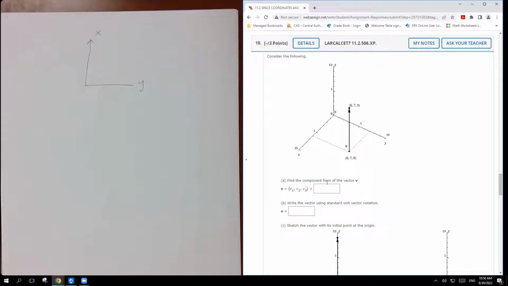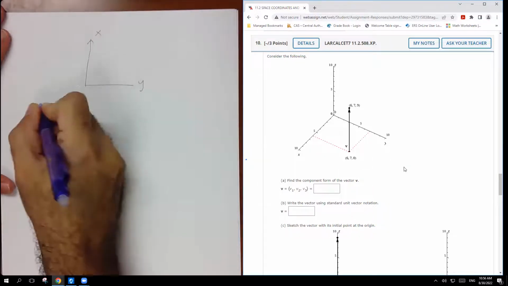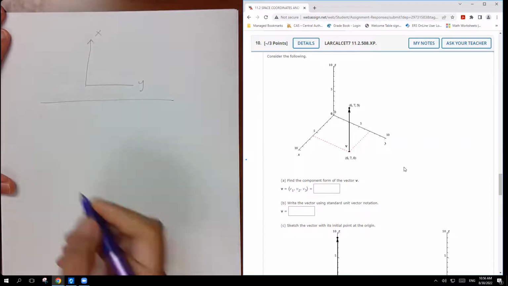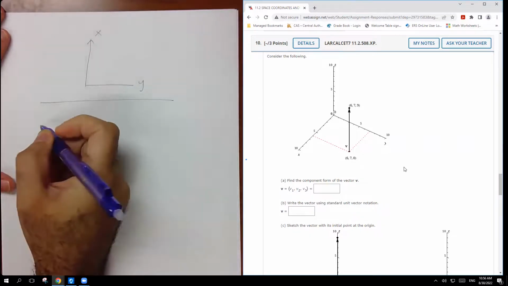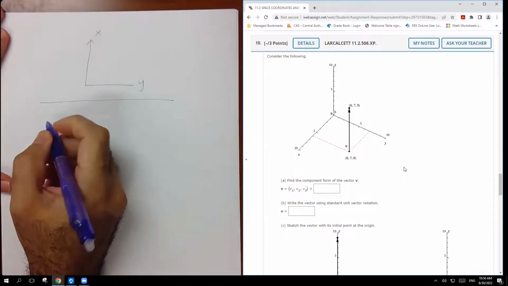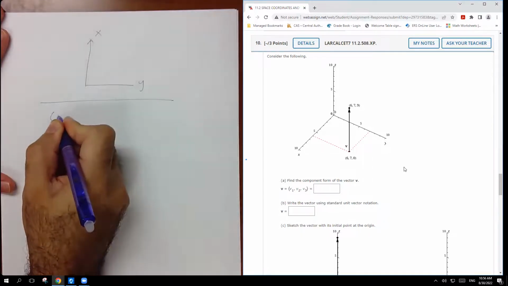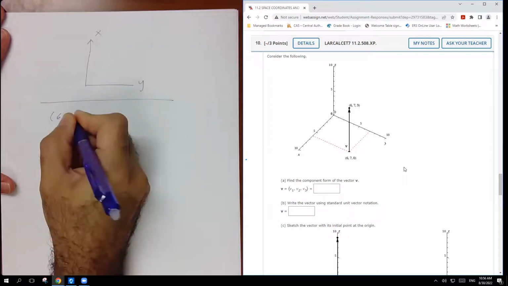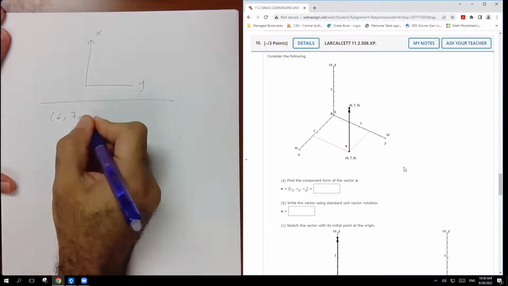Find the component form of the vector V. Here's our vector. This is the beginning and this is the end of the vector. That means this is the initial point and here is the terminal point. So we need to find the vector. How are we going to find the vector? You're just going to use this formula. The initial point is 6, 7, and 0.